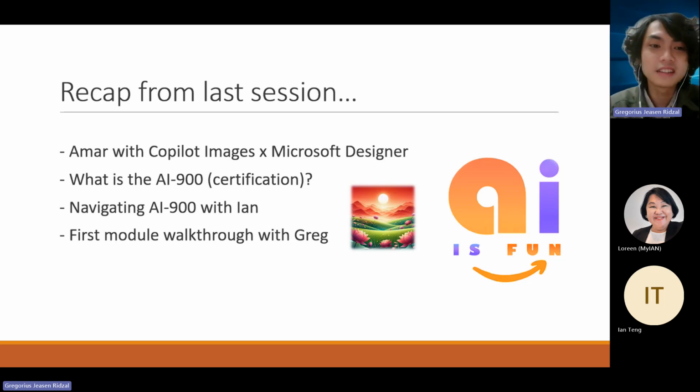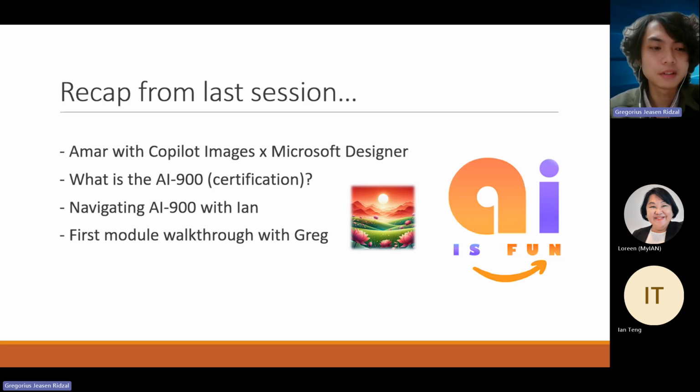We had Ian navigate the website with us, how to go from the courses to registering for the exam to any of the extra resources that Microsoft provides. And of course, we did a little bit of a module walkthrough. So I had a deep dive into the first lesson of the first chapter, to see how the lesson structure goes.